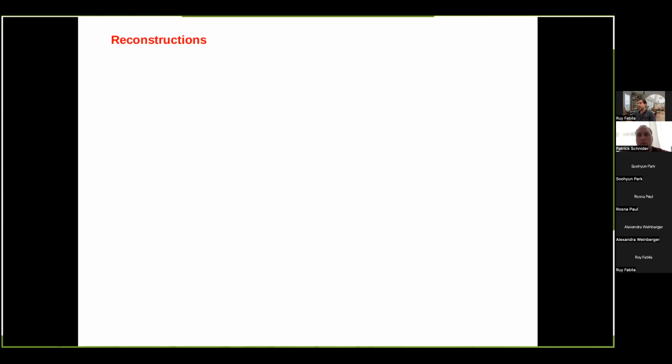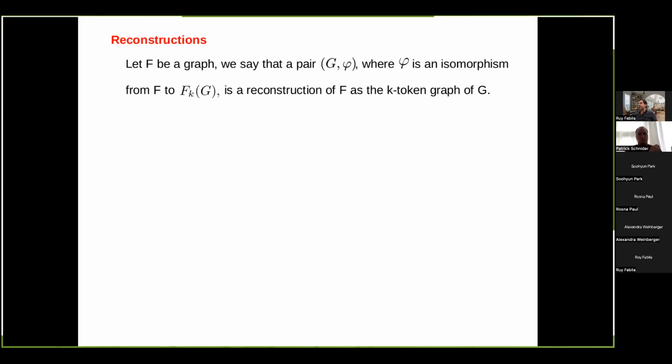Now, we need to lay out some work to talk about what it means to reconstruct a graph, right? Suppose I give you a graph F. I call a pair (G, phi) a reconstruction whenever phi is an isomorphism from F to the k-token graph of G. So that's a k-reconstruction of F as the k-token graph of G. What I'm doing is taking every vertex of F and labeling it as a vertex of the token graph.